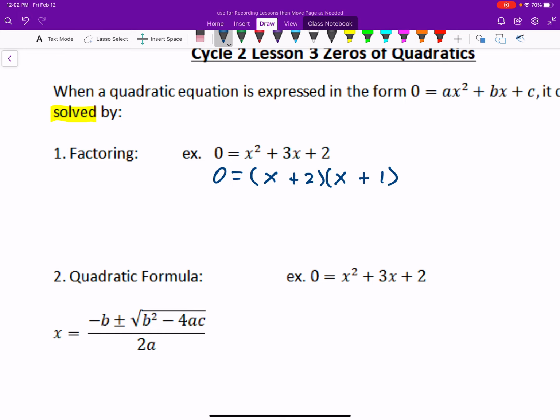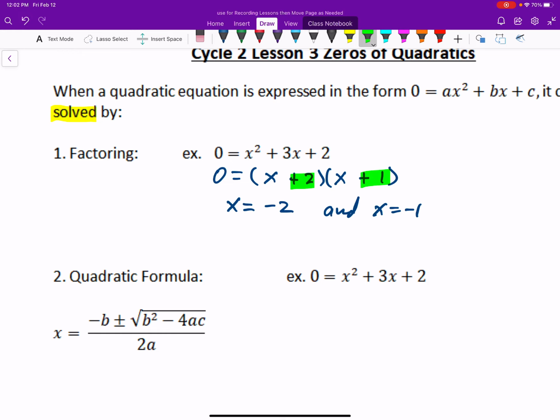Now remember that when we want to get the zeros of a quadratic, if it's in factored form, if it's just a basic quadratic like this, then we can pull out the number and change the sign. So we'd have x equals -2 and x equals -1. These are the zeros, s and t, as we've called them in previous formulas of this quadratic.